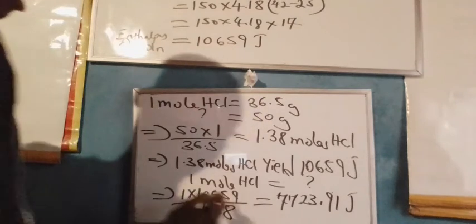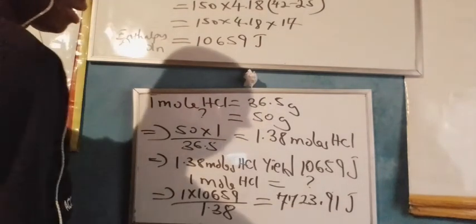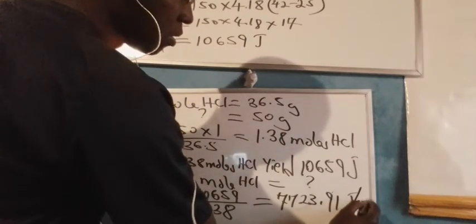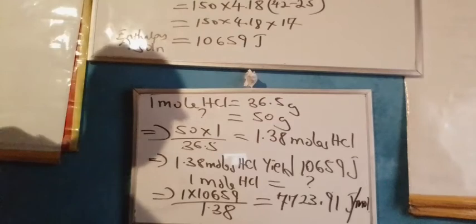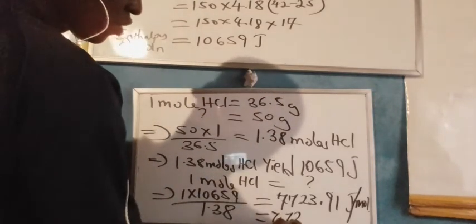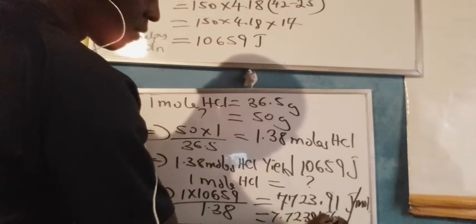And this, having been produced by 1 mole, we can say it is 7723.9 joules per mole, which will translate into 7.7239 kilojoules per mole.